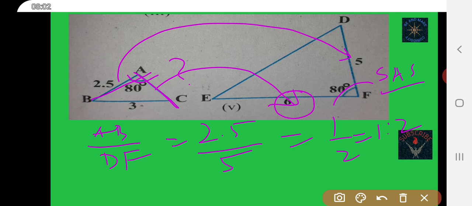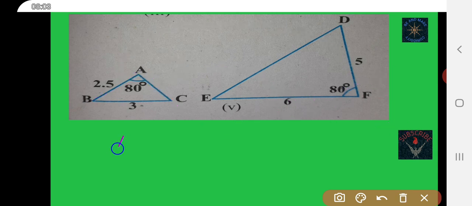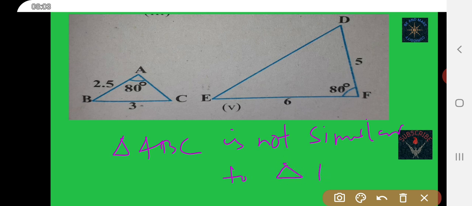So they do not satisfy the SAS criterion. So triangle ABC is not similar to triangle DEF. Okay.